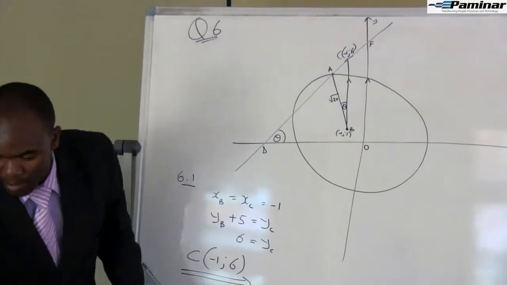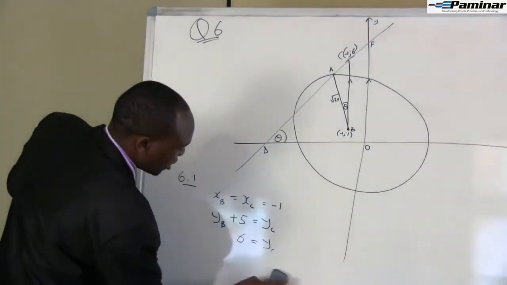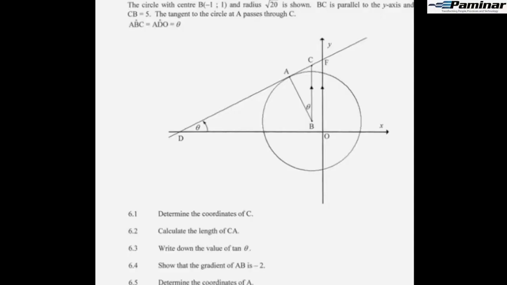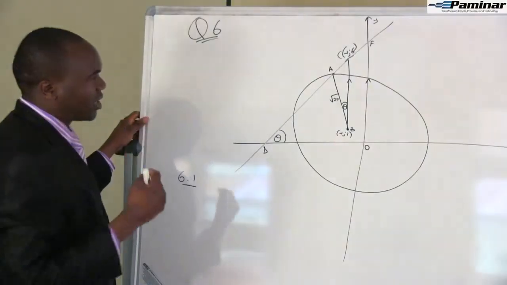Is it clear? Okay. Now it says 6.2 now. Calculate the length of CA. Right.